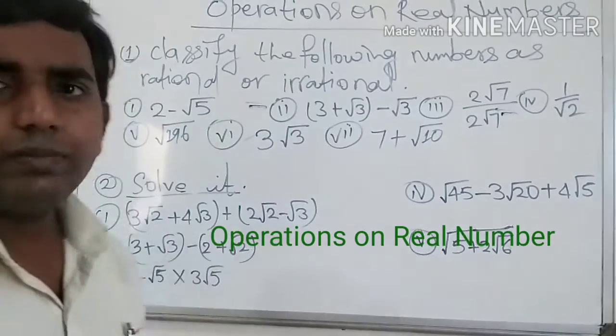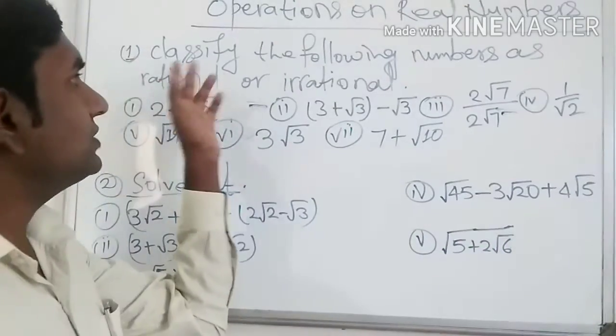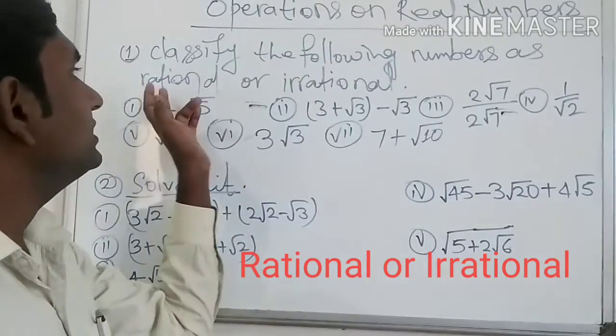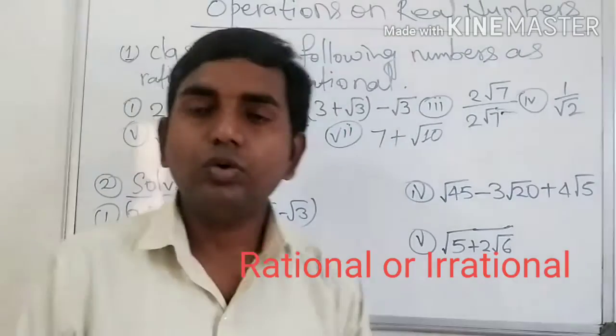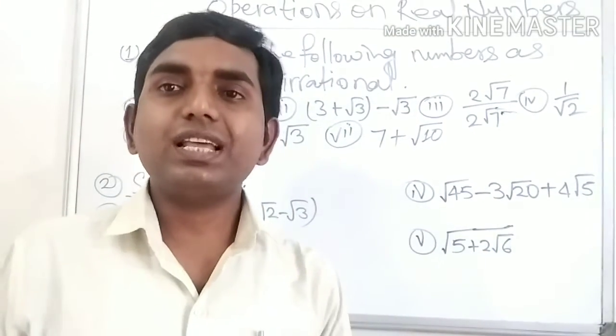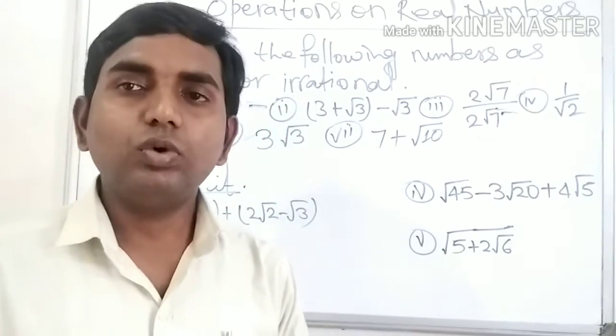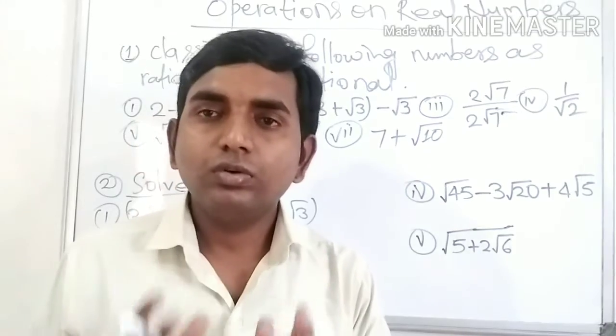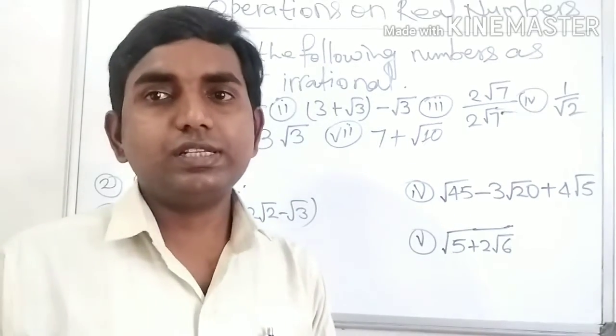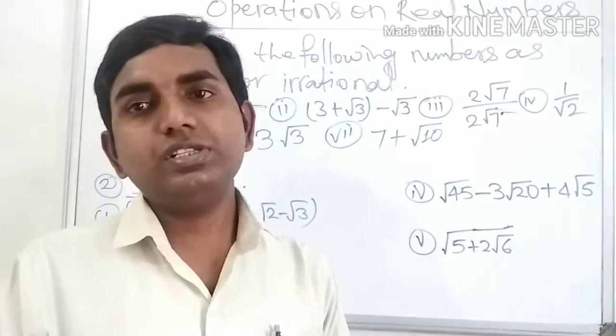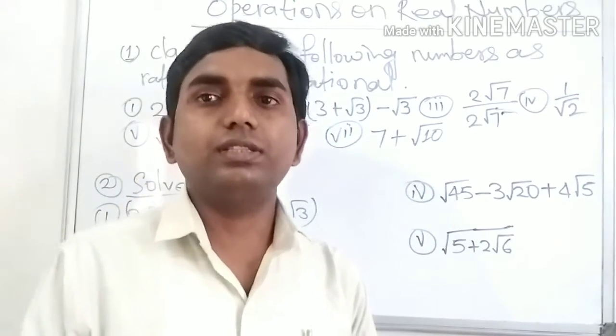Here we have a question. First, classify the following numbers as rational or irrational. Then how will we classify whether a given number is rational or irrational? For this, first of all we have to understand which given number is a rational number and which is an irrational number.